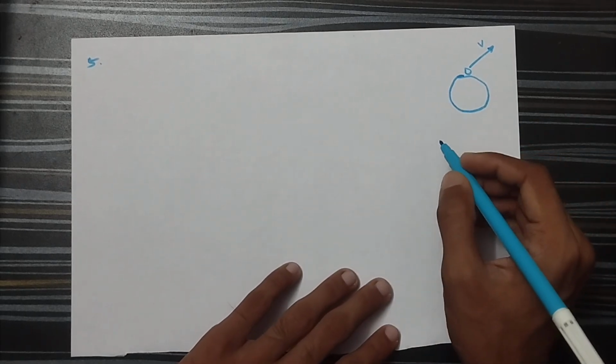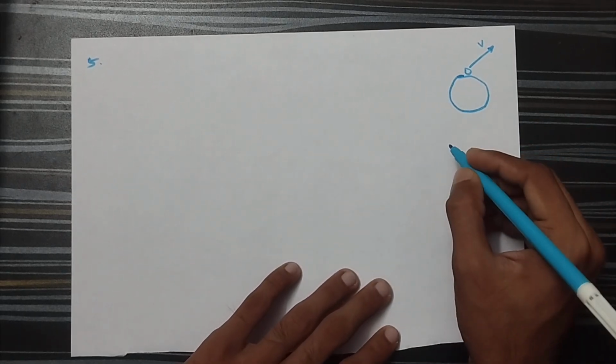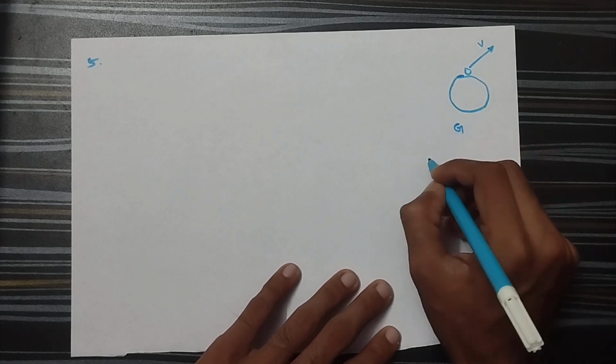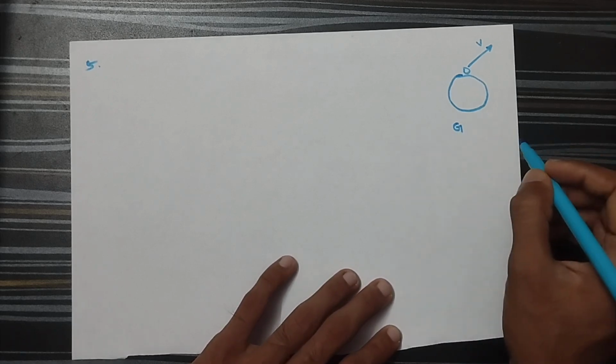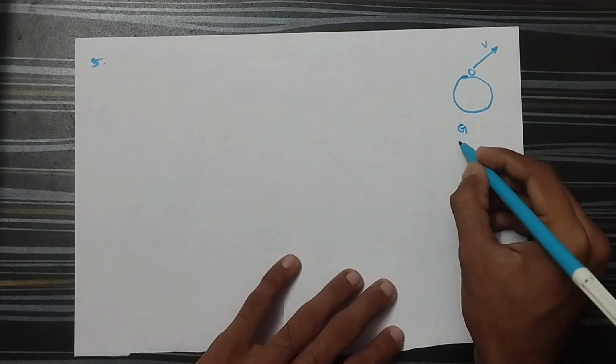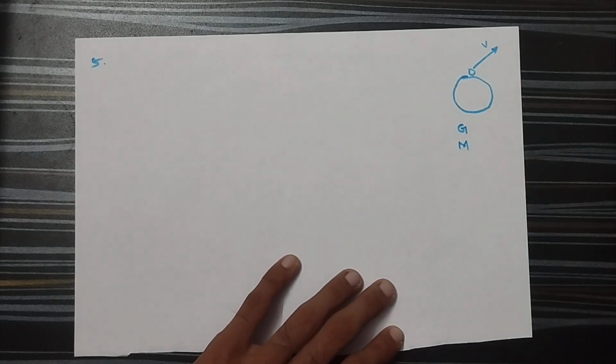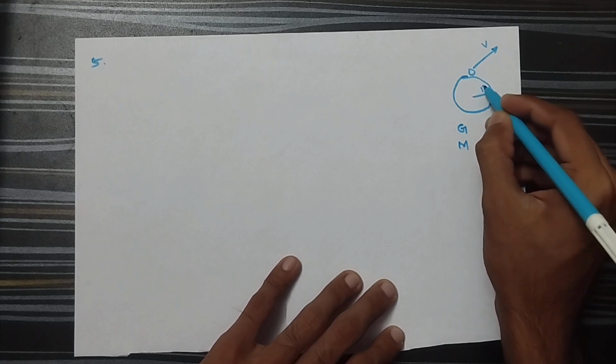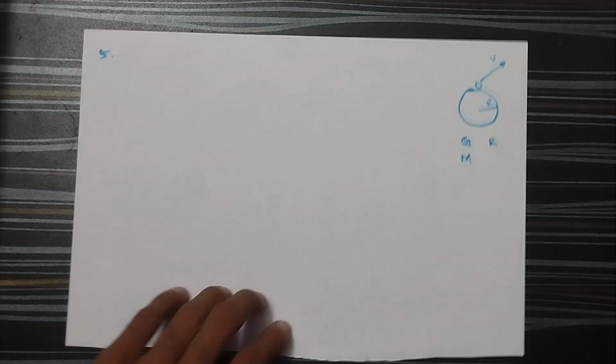And this velocity is given to be depending on the gravitational constant G of the planet, the mass of the planet M, and the radius of the planet r. Okay.